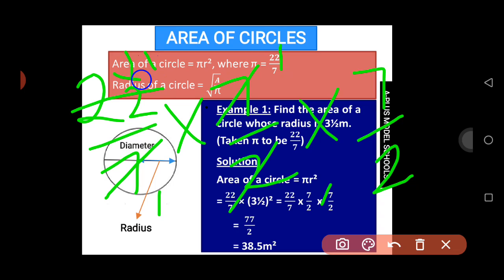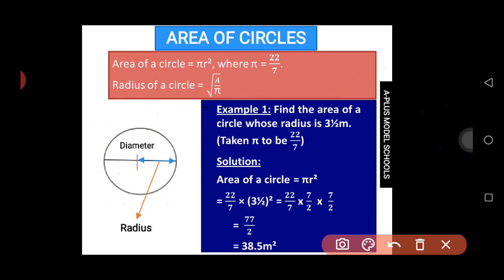We have 11 times 1 times 7. So 11 times 1 will give us 11. 11 times 7 will give us 77. All over 1 times 1, that is 1, times 2, 2. So we have 77 over 2.